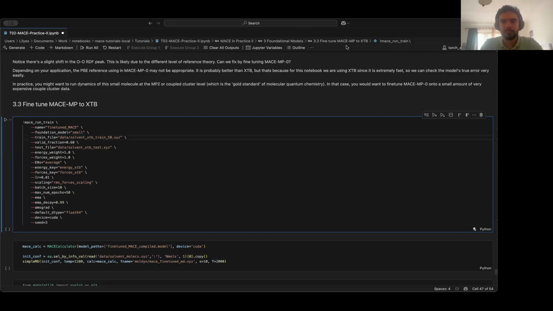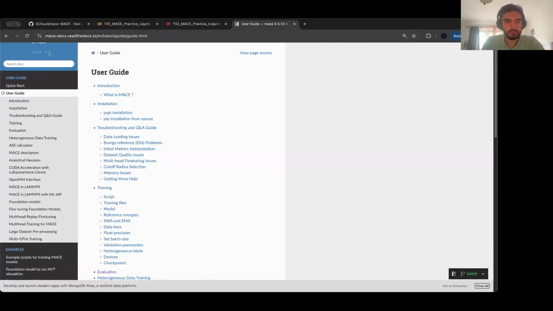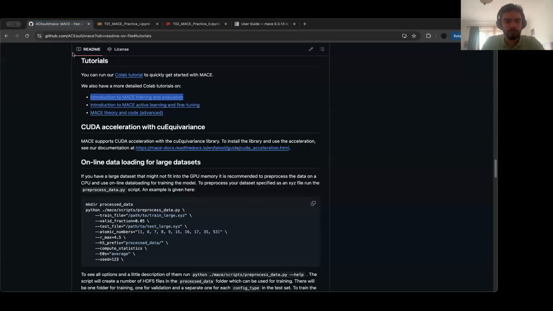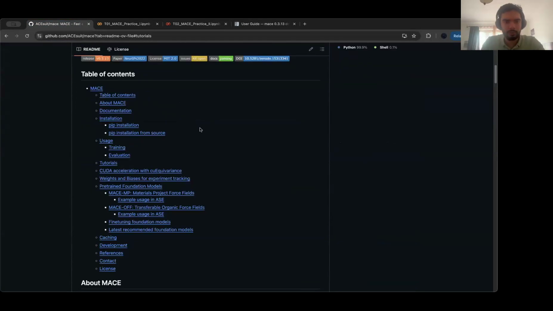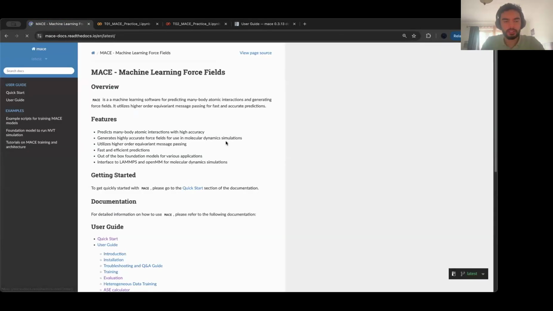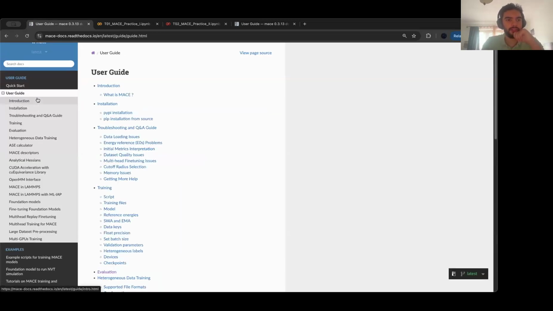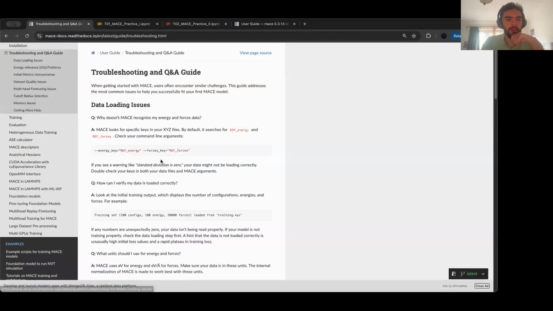And for that, this is the last thing I want to show on the documentation. Okay, now if you go to the MACE documentation, you just have to go to the MACE repo here, and then you click on the documentation. Here you have a user guide, so you can go to the troubleshooting.